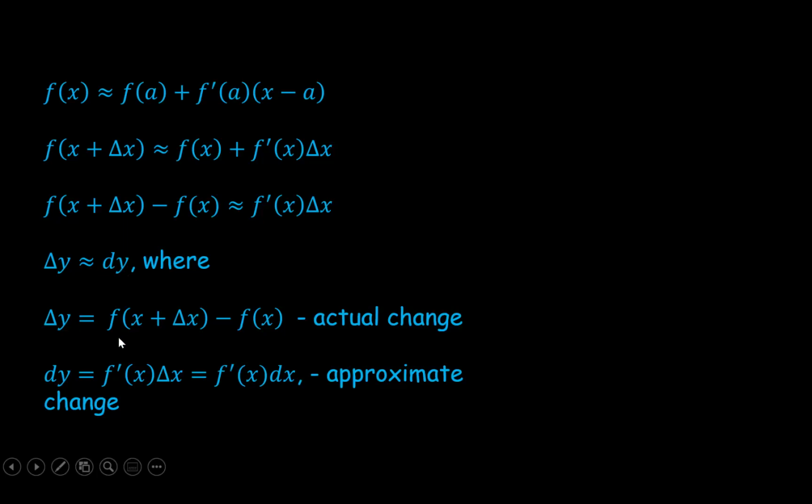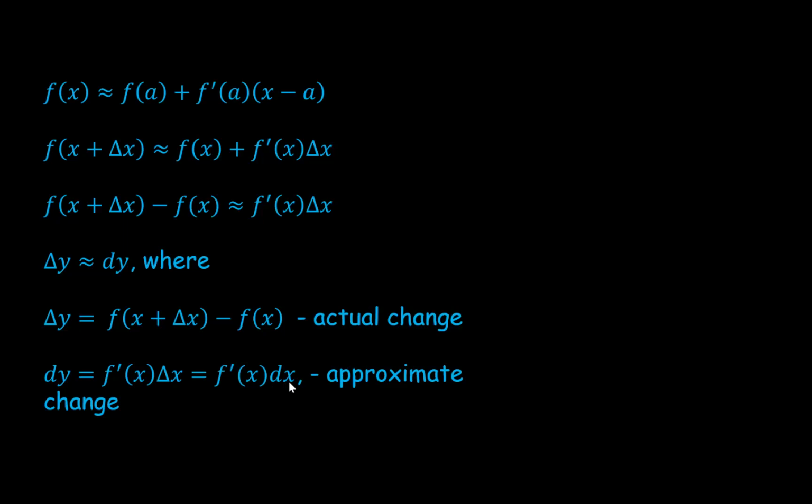And what is dy? First of all, delta y, as I said, is how much y changes. It's the actual change. dy is just a notation, so it denotes f prime times delta x. It denotes exactly the right hand side. Now delta x is often denoted by dx.